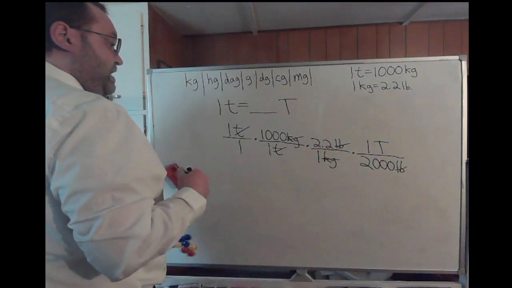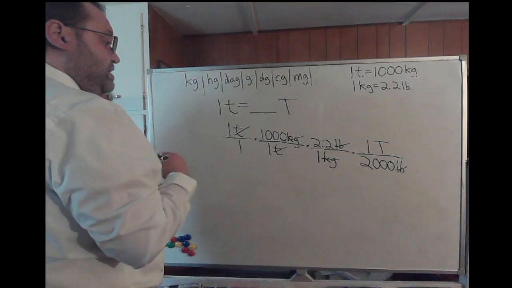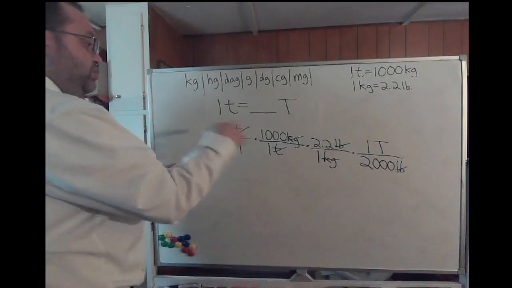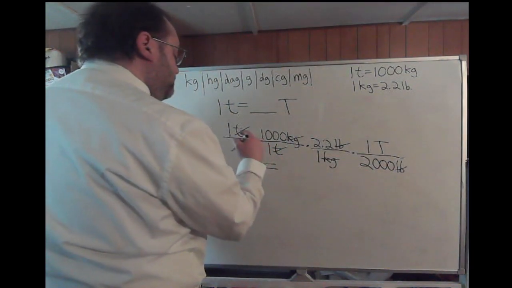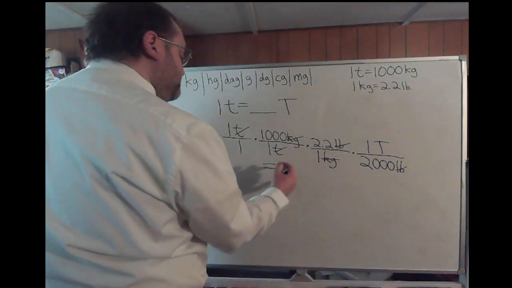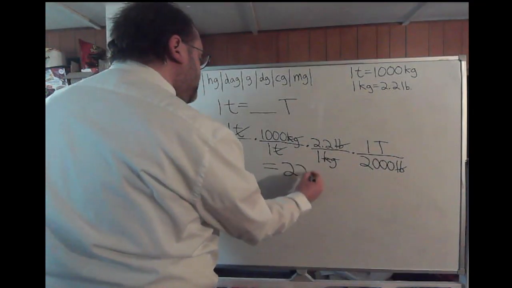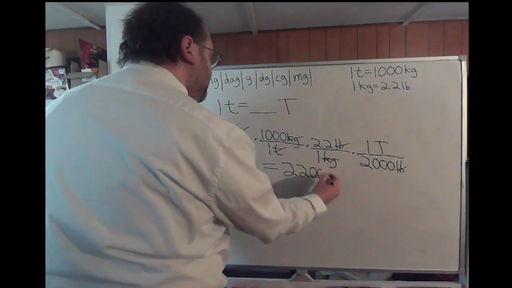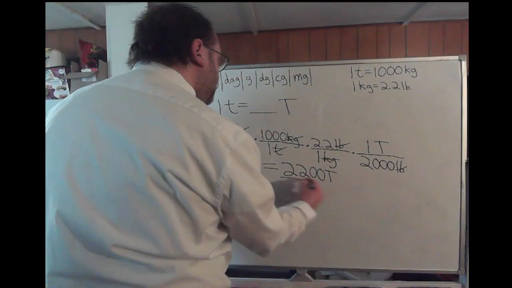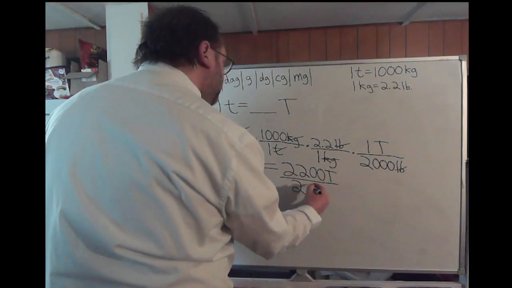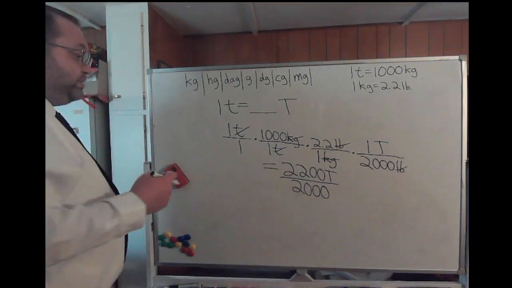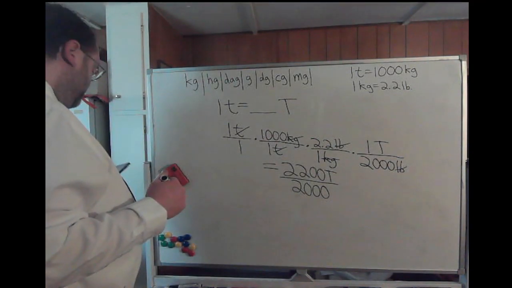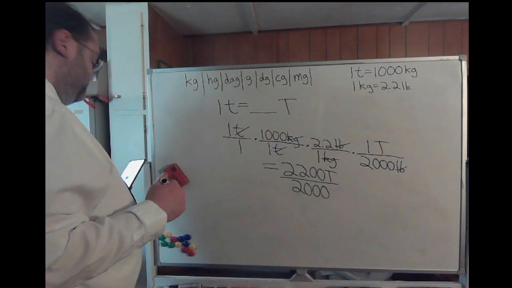So then you've got to figure out some multiplication here. Over the top, you'll have 1,000 times 2.2, that'd be 2,200, over 2,000. Now we simply have to take 2,200 divided by 2,000.